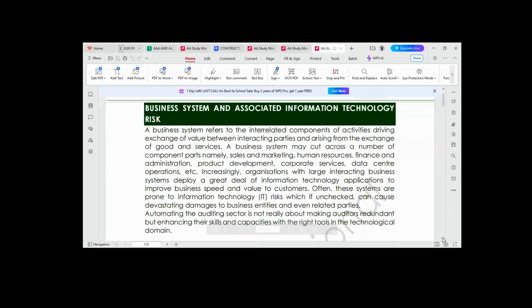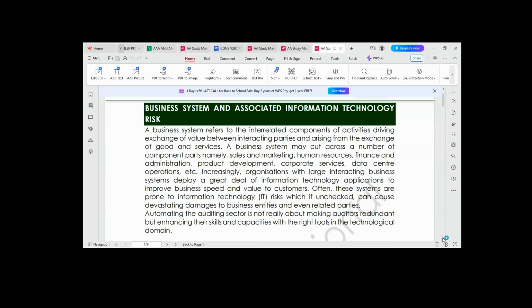But with the advent of information technology, the aim is to aid our business, to help us, to guide us, to make life easier for us, to be able to achieve our corporate organizational objectives.